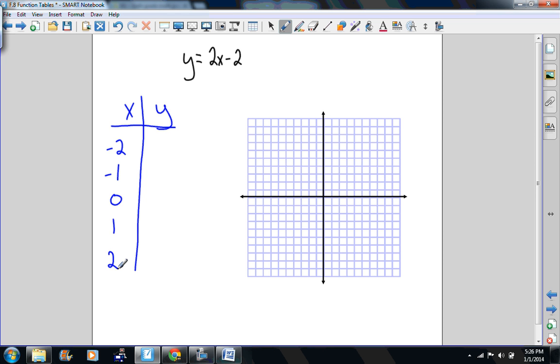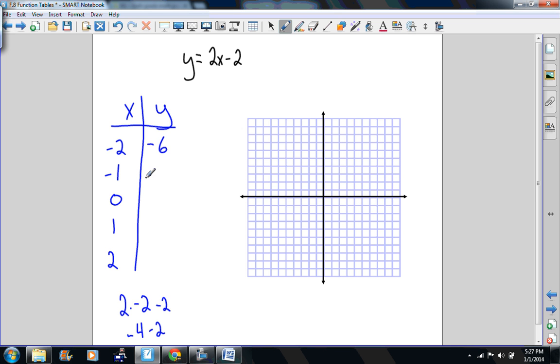And what we're going to do is we're going to plug this x into this equation right there, and we're going to try to figure out what the y is going to be. So for this one right here, I go 2 times negative 2, because that's where my x is, minus 2. 2 times negative 2, that's negative 4. Negative 4 minus 2, that is negative 6, right there.